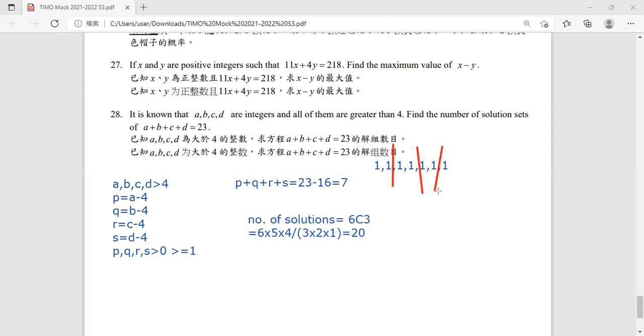So you find the number of ways to put 3 sticks into 6 spaces, then we divide into 4 groups. Then the number of solutions will be 6C3, because it's choosing 3 from 6 spaces. Just combination.